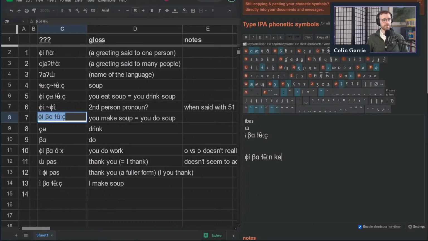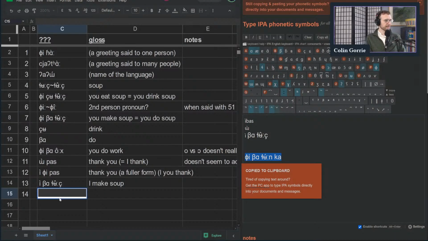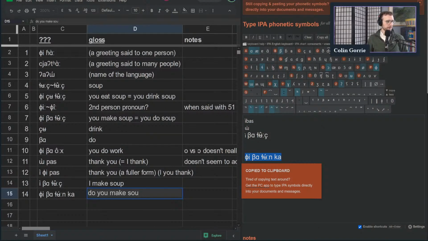No, it's just 휘바슈니까. 휘바슈니까 is the correct one. Yeah, I messed up the tones there. All right, so it looks like when we make a question, something happens at the end. Let's learn more about this.